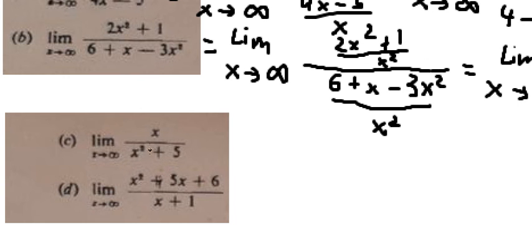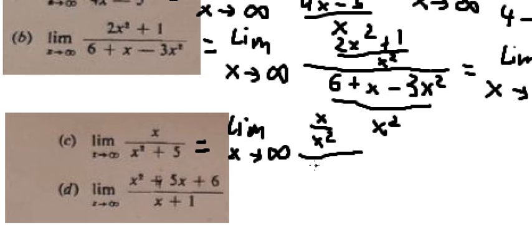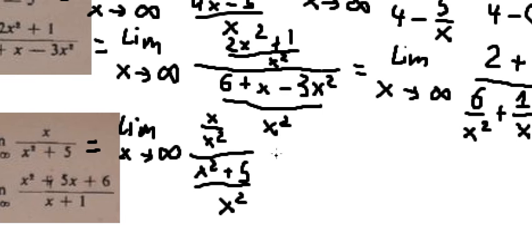Question C. We know that s squared is the highest power in here. So we need to divide by s squared. So if we simplify, and we have s approach to positive infinity.